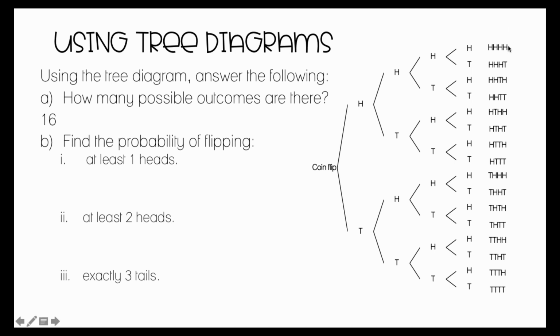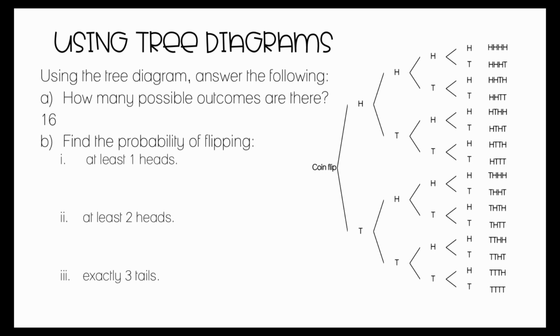Well, there's 16, so that's all of these. 1, 2, 3, 4, 5, 6, 7, 8, 9, 10, 11, 12, 13, 14, 15, 16. Now it's important to notice as well, 16 is the number of final outcomes here, the number of final branches.